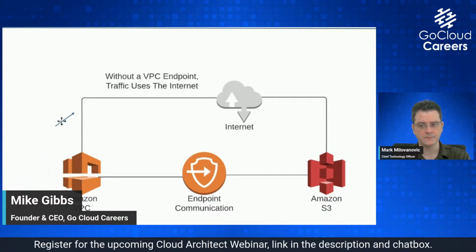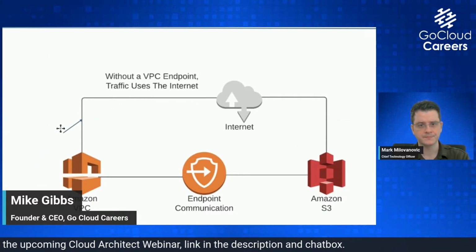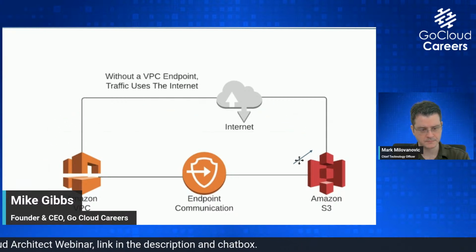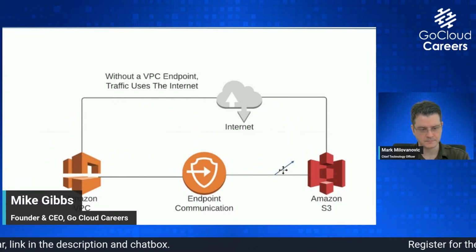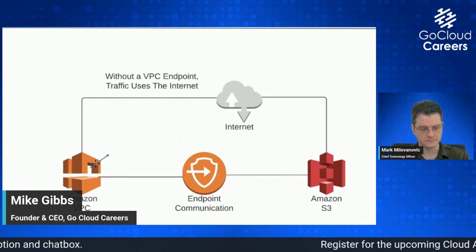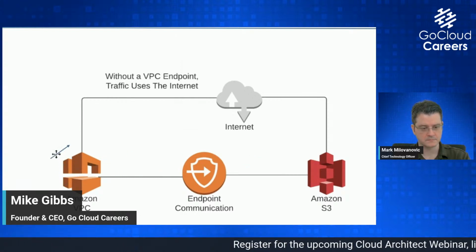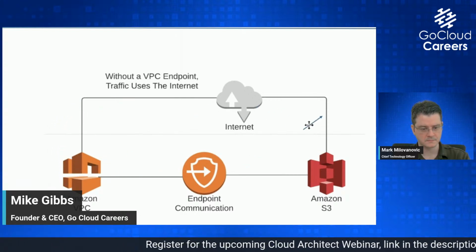Now, here's the problem. This internet is incredibly scary. All kinds of hackers out here. So the best I'm going to do is use some form of encryption to secure it, which is generally speaking fine. But there's no guarantee of performance across this internet.